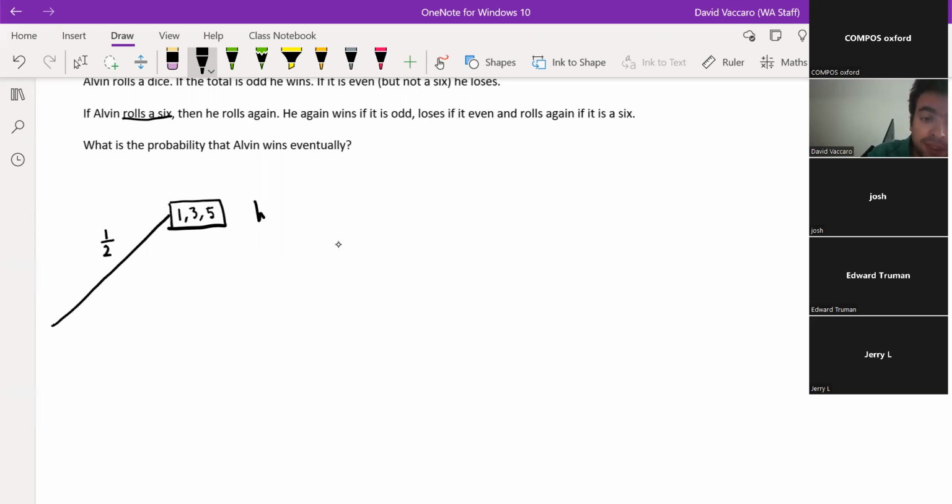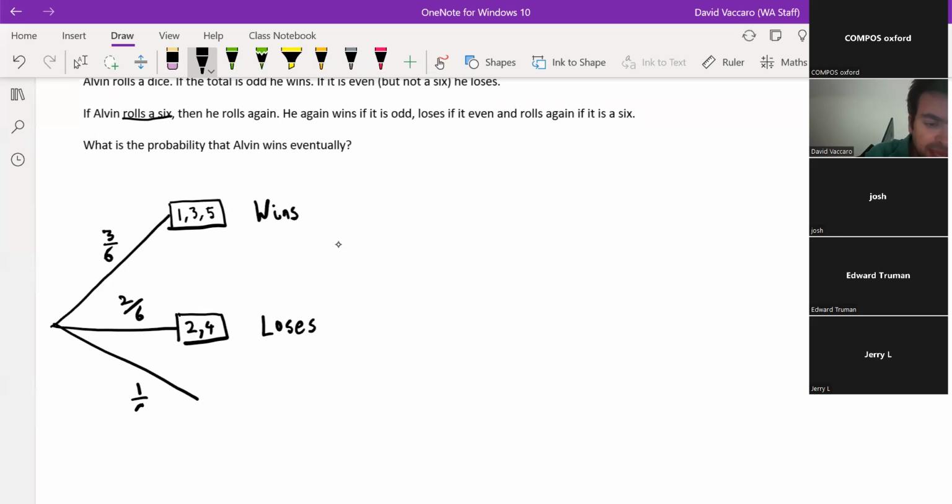And if that happens, he wins. Actually, I might keep it as 3/6. If he rolls a 2 or a 4, he loses, and that happens with 2/6.